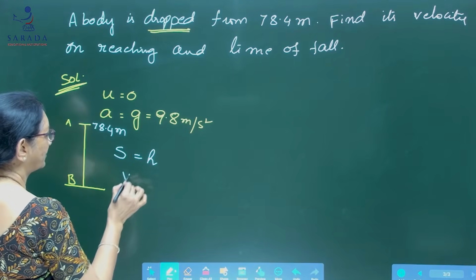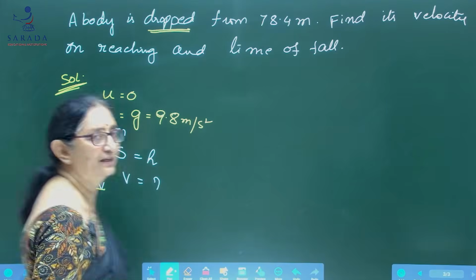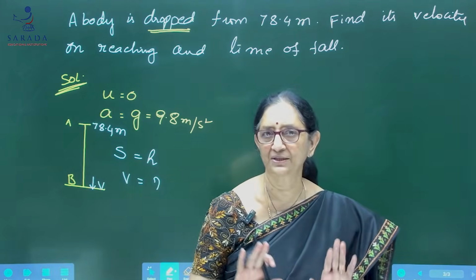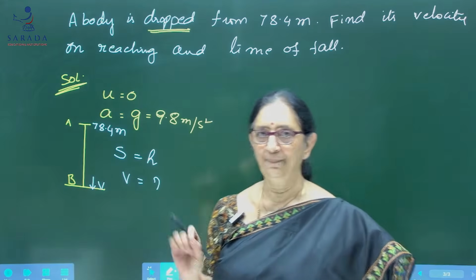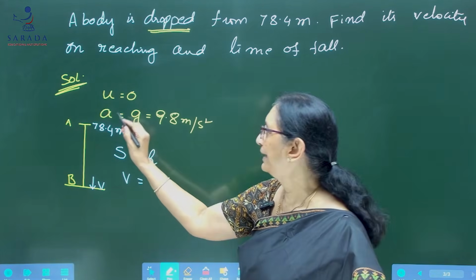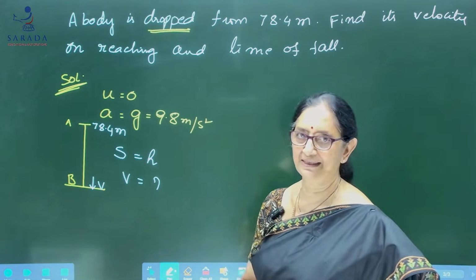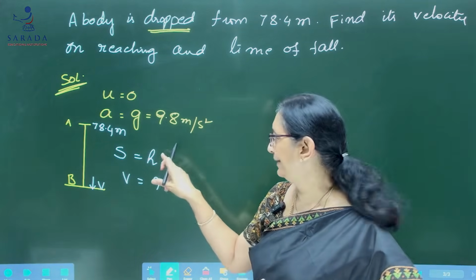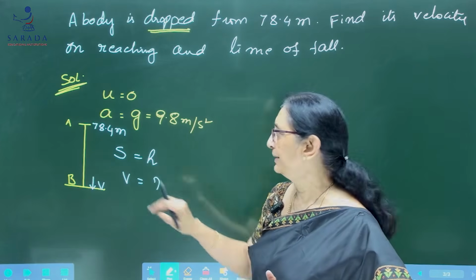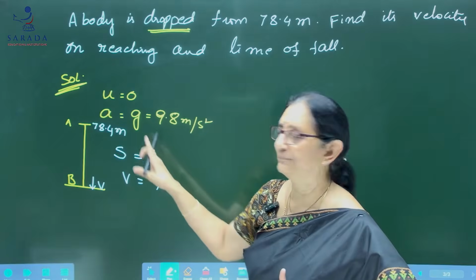In the first question, what is its velocity on reaching the ground? A body is dropped, implies u is equal to 0, a is equal to g, we take g as 9.8 meter per second square, from a height h. On reaching the ground, displacement is nothing but the height from which it is dropped.